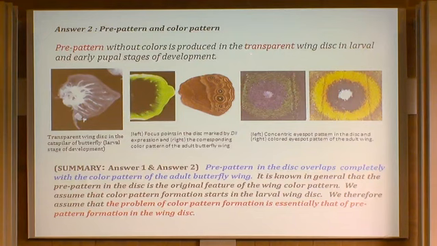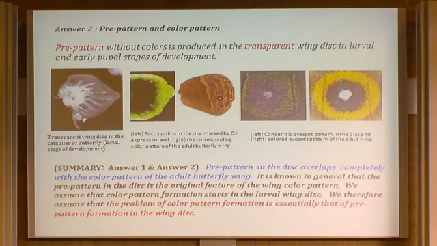Here is the original transparent wing disc, but if we stain it using the antibody staining technique, this is a picture taken of the wing disc of this butterfly, showing small spots. These correspond completely to the eyespot focus points.